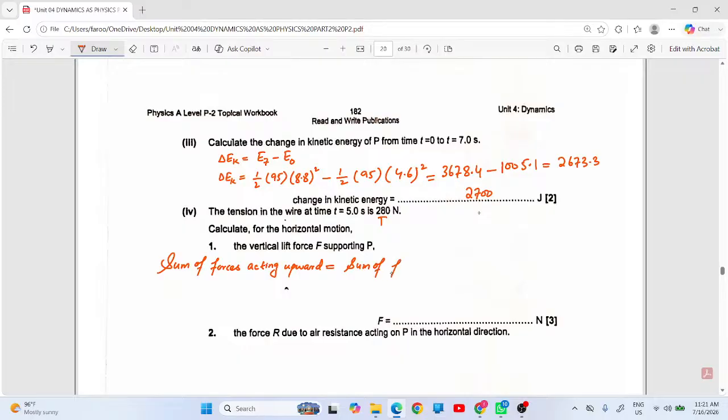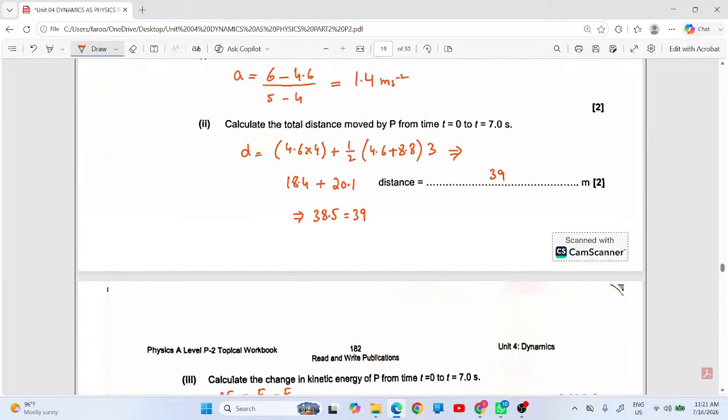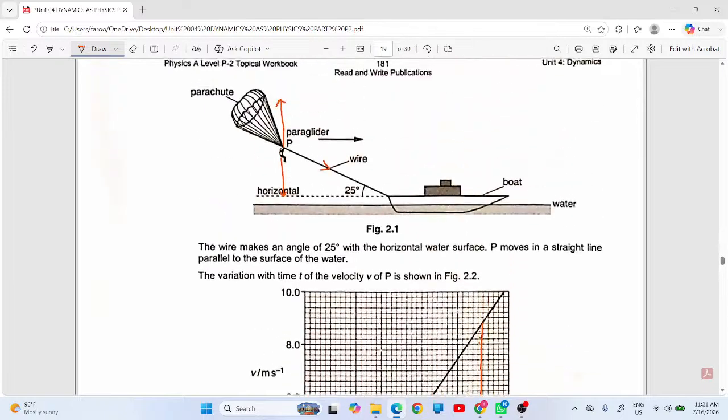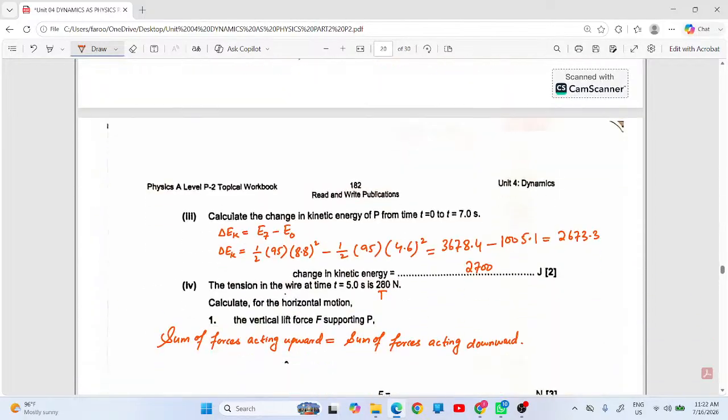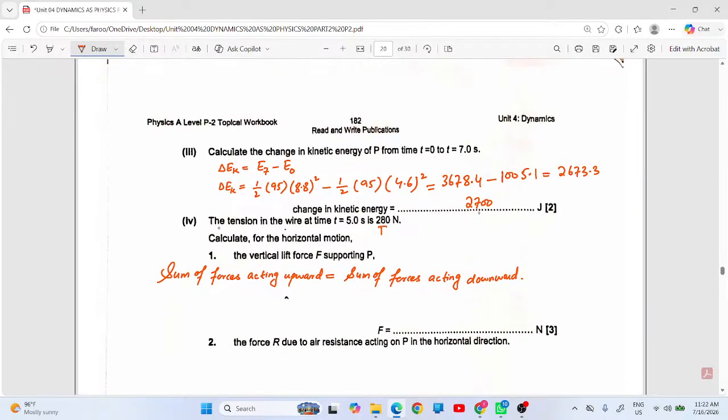Now how many forces are acting upward and how many downward? One force is due to its weight, and the second force is due to the tension, with components sine theta and cosine theta. The y component in the upward direction is Fy.